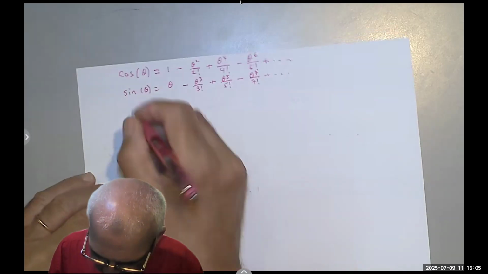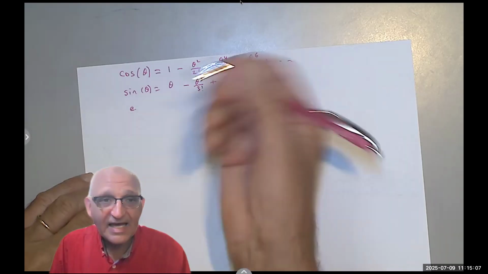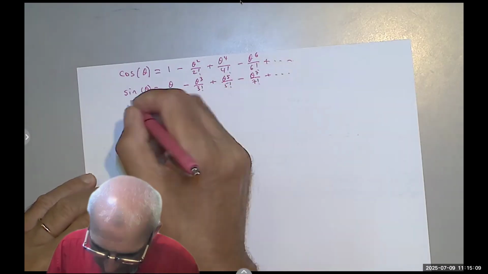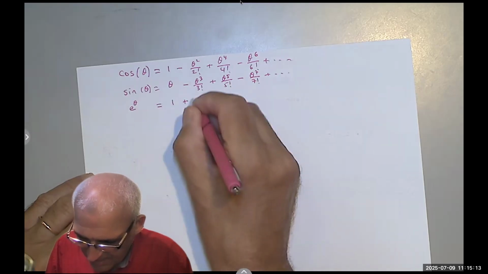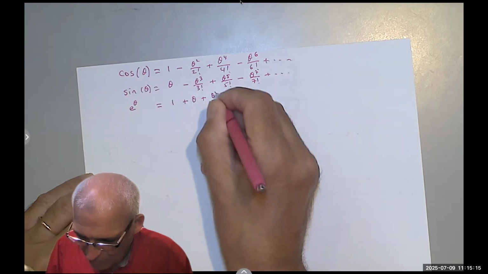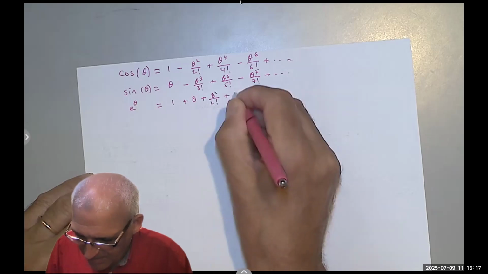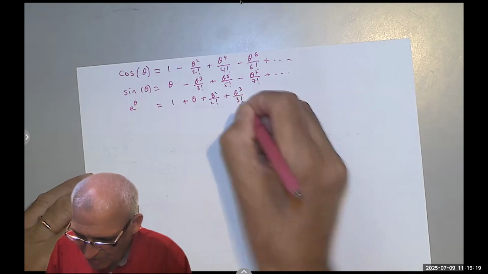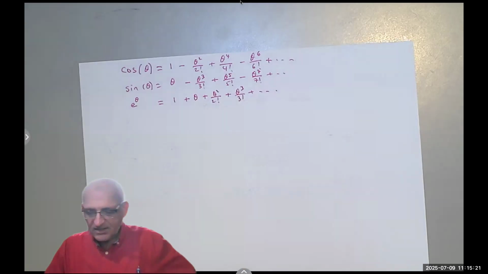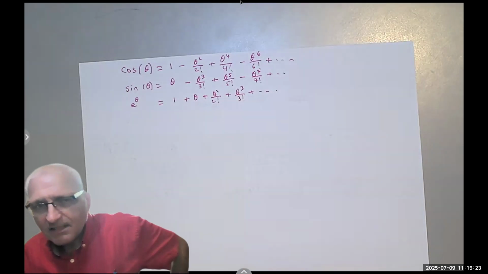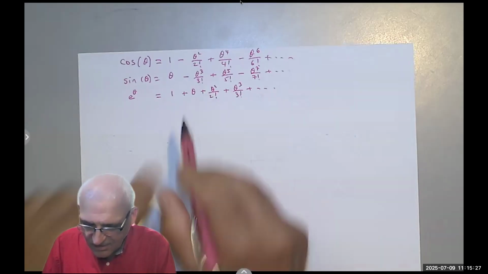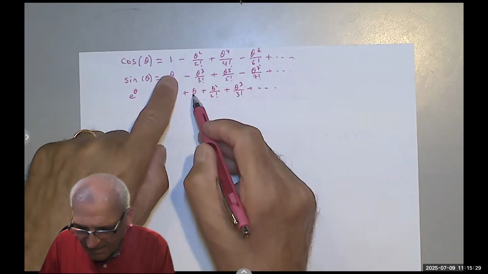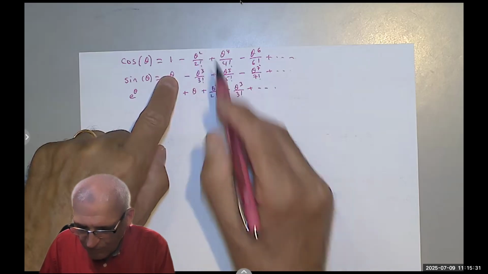And finally, we found e to the x, or here we can say e to the theta, to be 1 plus theta squared over 2 factorial plus theta cubed over 3 factorial plus till infinity. And we said that there is something here. I can see the 1, I can see the theta, I can see the theta squared over 2 factorial.